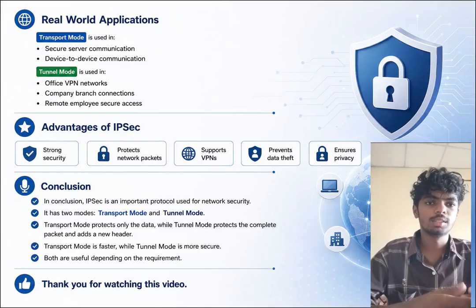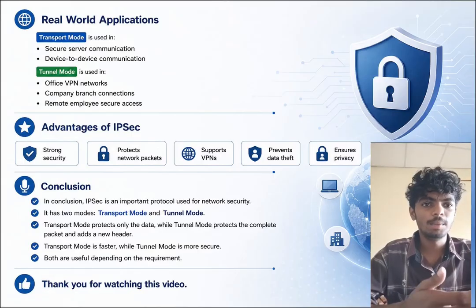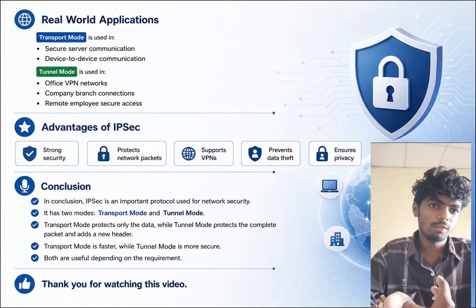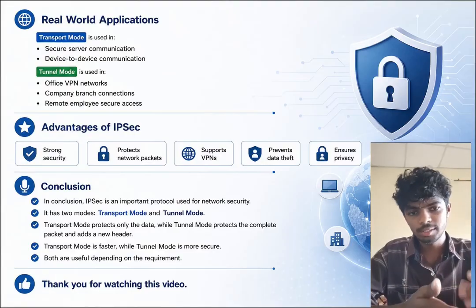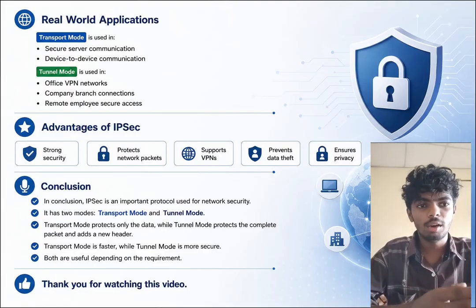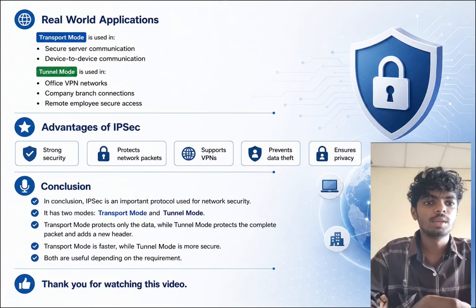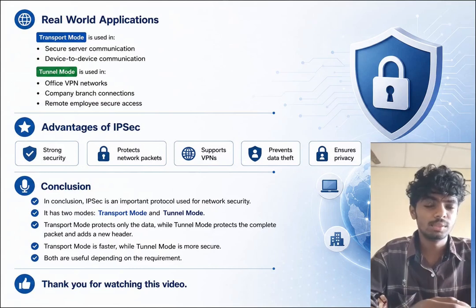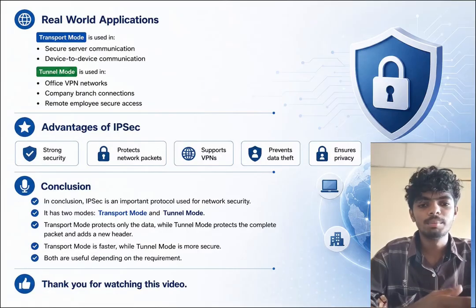The advantages of IPsec: IPsec provides several important advantages. It offers strong security because the address is protected as well as the data. It offers very strong protection compared to other networks. IPsec supports VPN technology, which enables secure communication over public networks like the internet.